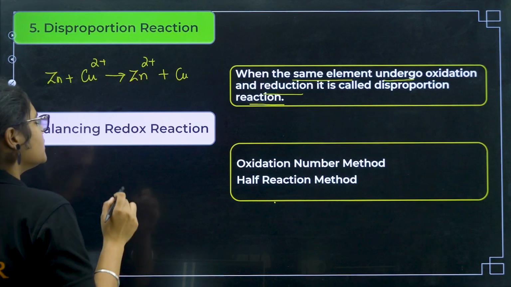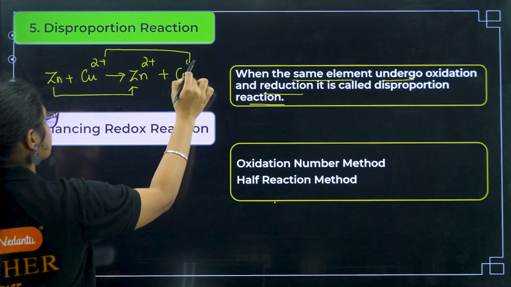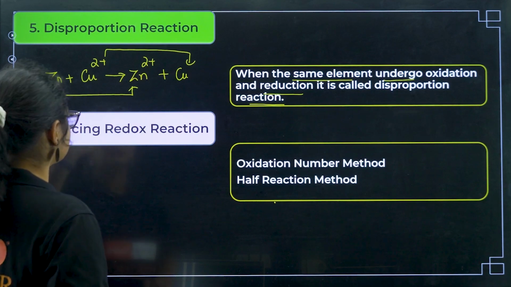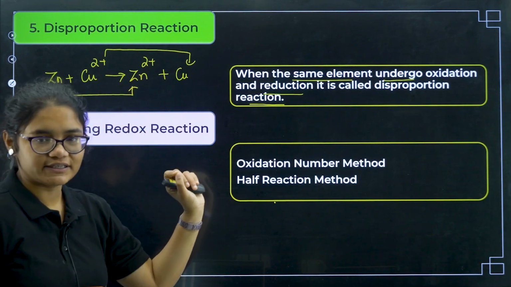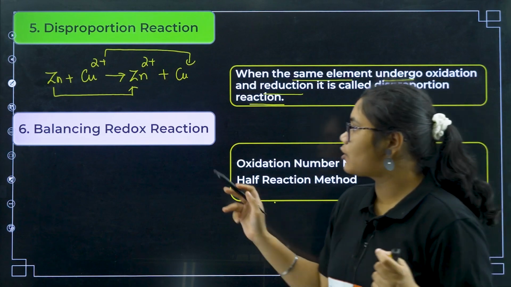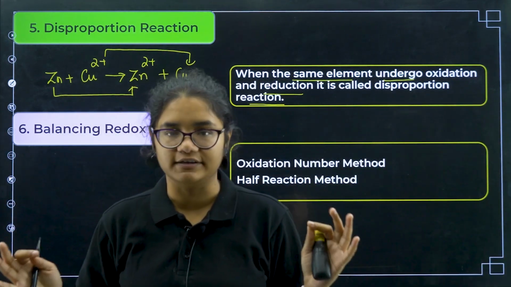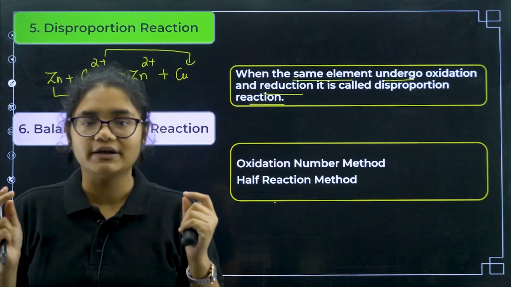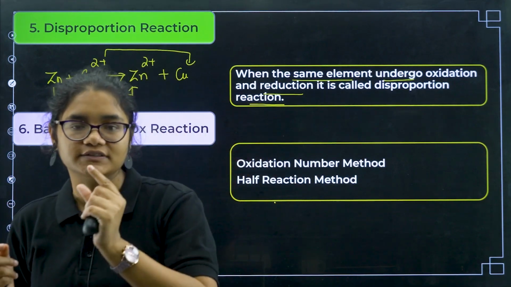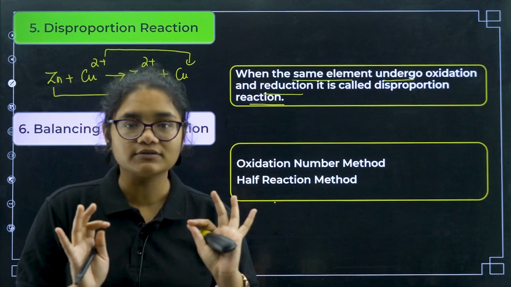Here Zn is undergoing oxidation because its oxidation number is increasing, and Cu2 plus is undergoing reduction because its oxidation number is decreasing. But they are two different elements. Zinc is undergoing oxidation, copper is undergoing reduction. That is why it is a redox reaction.